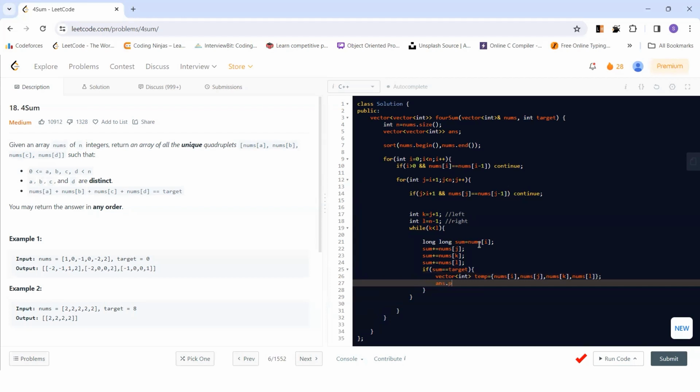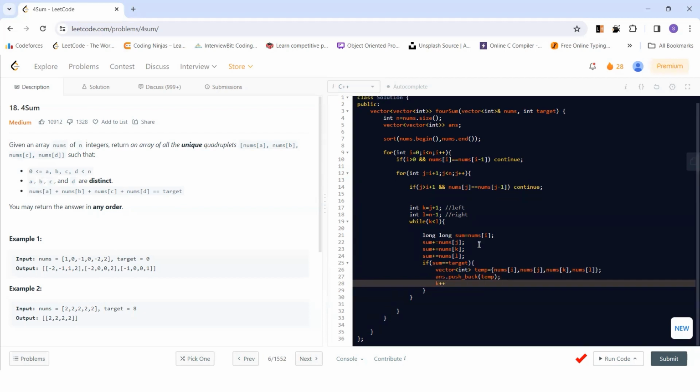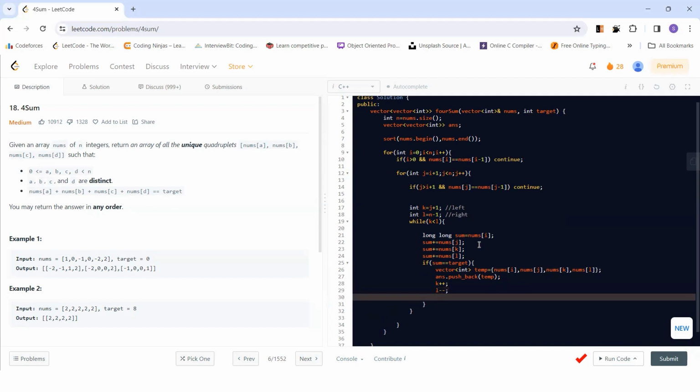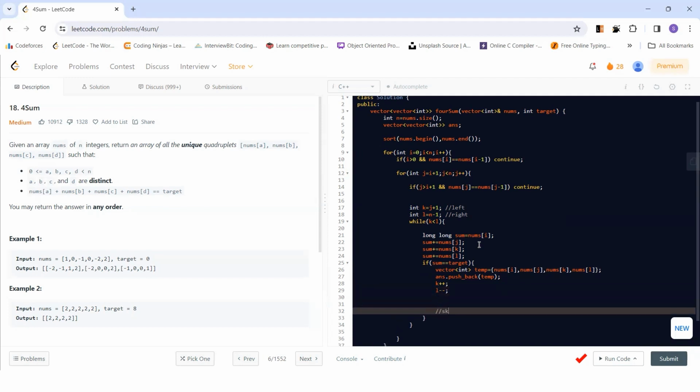And in the answer, we'll directly push this vector, which is temp, right? Now, whenever there is this condition, we need to increment our left pointer and decrement our right pointer, right? And we also need to skip the duplicates.